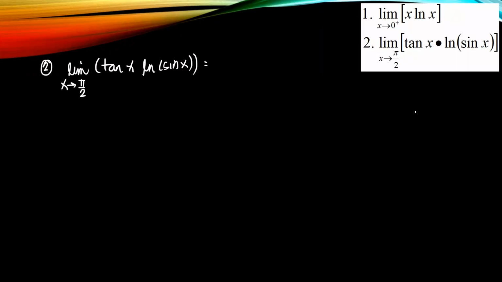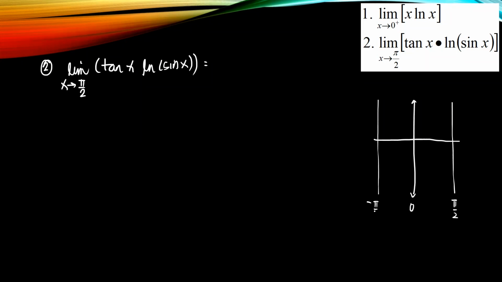Just to remind you guys, pretend this is 0, this is 90 degrees, this is negative 90 degrees. So that means this is 45, pi over 4. This is negative pi over 4.